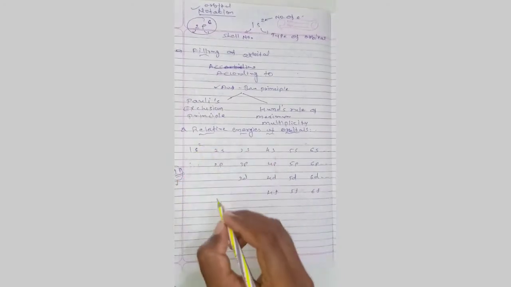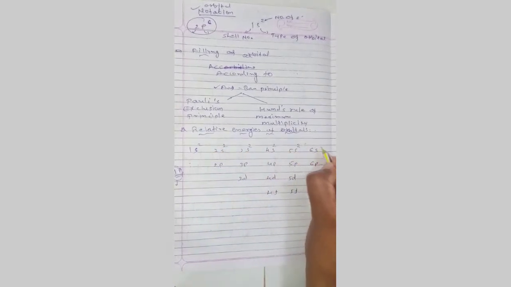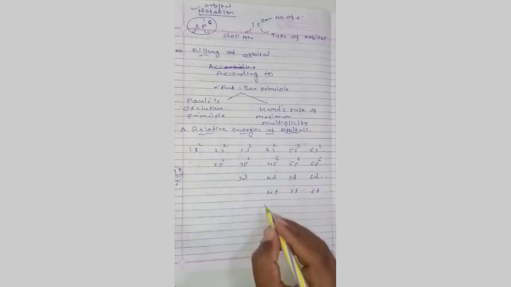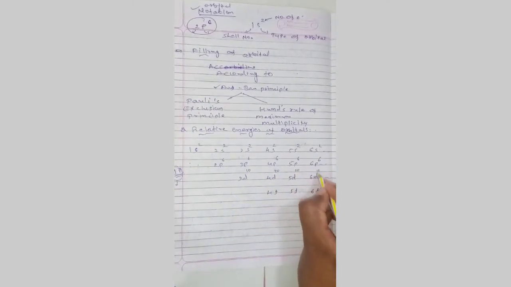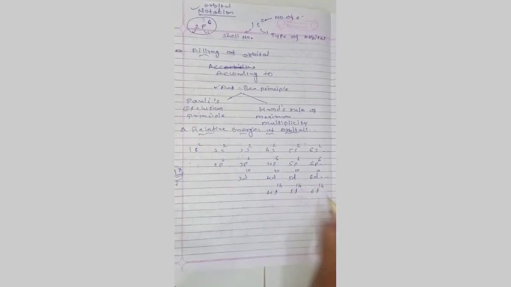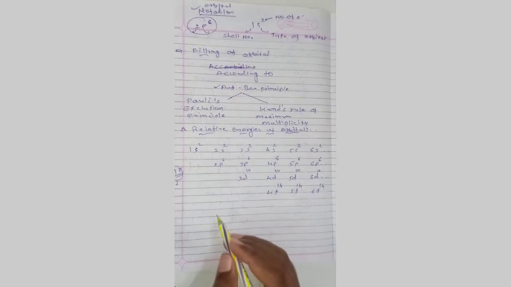For s the maximum number of electrons are 2, for p maximum 6 electrons, d maximum 10 electrons, and for f 14 electrons. Okay, now very most important, the order in which orbitals are filled.